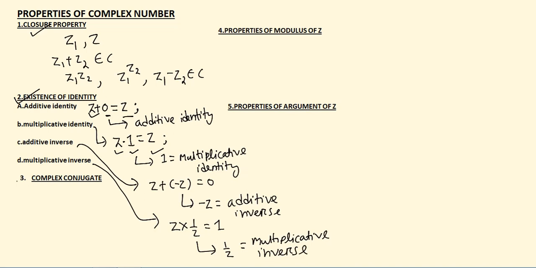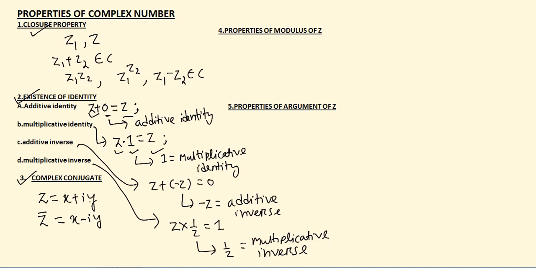Now let us see the complex conjugate. This is also a property. We know that a complex number in Cartesian coordinate form can be written as x plus iy. So if you want to find the complex conjugate, then this can be written as x minus iy.